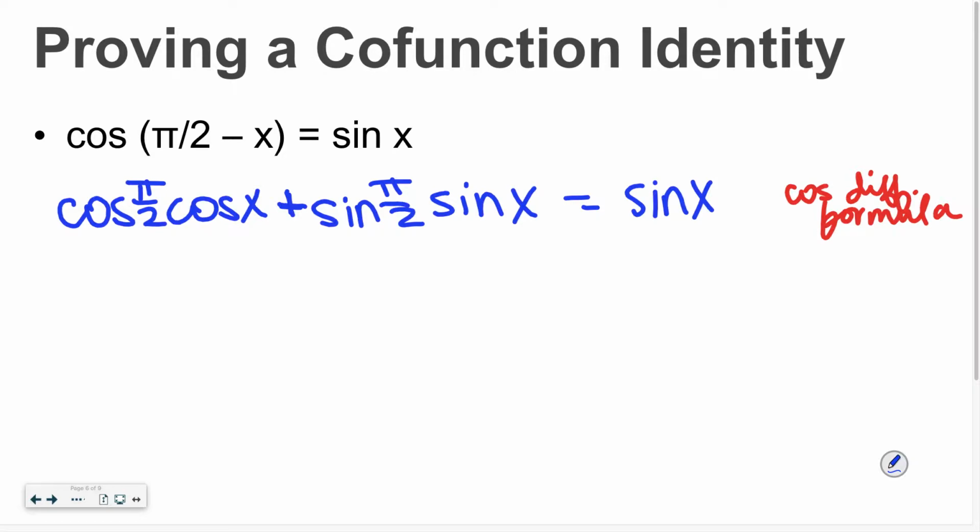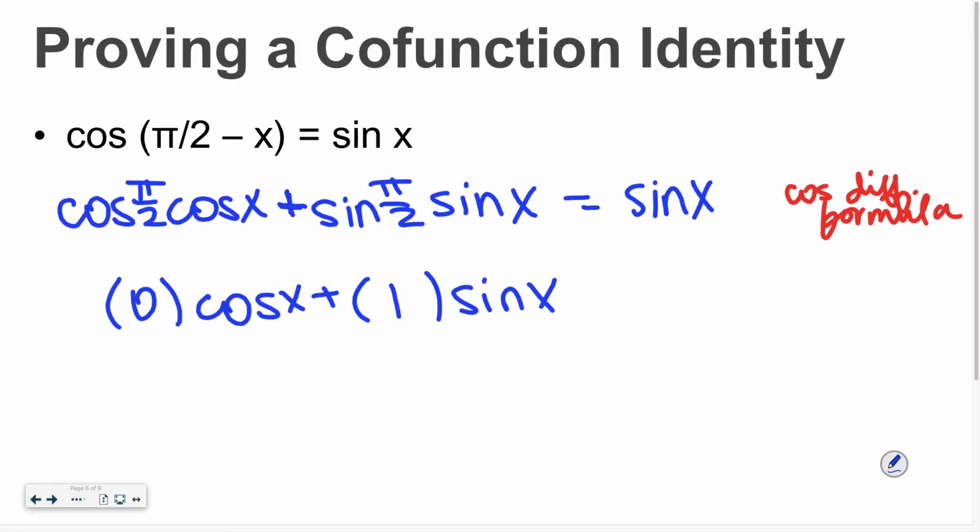Well, now how am I going to get this left side to look like sine of x? So we know the cosine of pi over 2 is 0. Anything else? The sine of pi over 2 is 1.